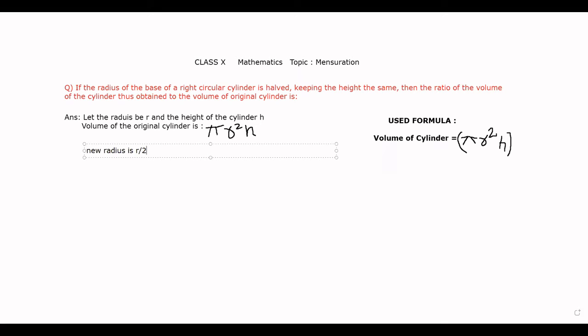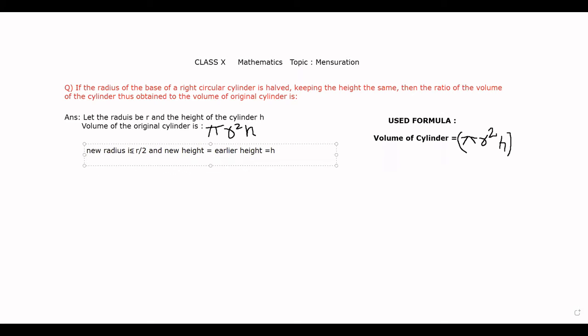Keeping the height the same means the new height will be the same as the earlier height, which was h only. So it will be h, because nothing happened with the height.